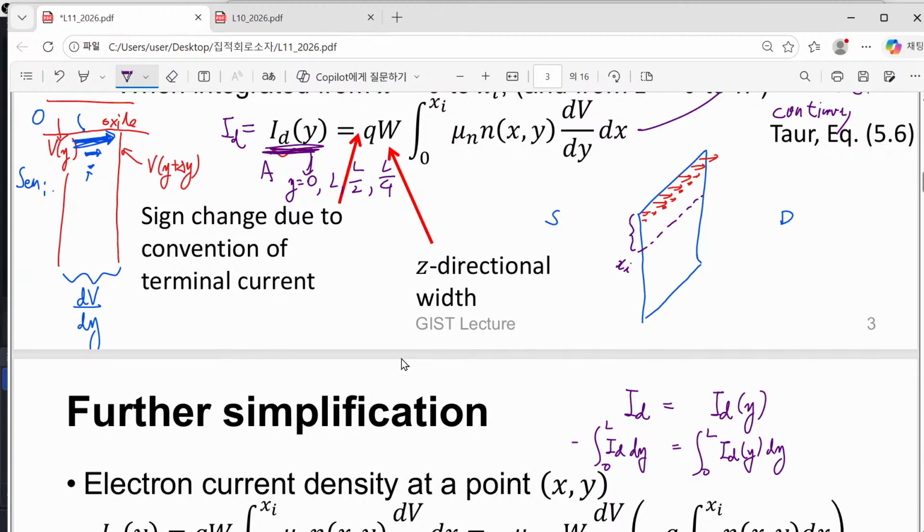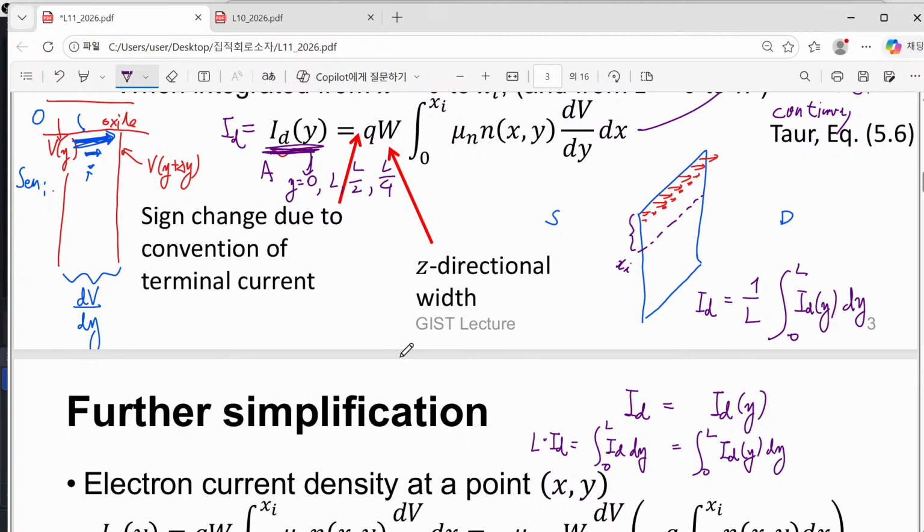Then what will be the answer of this integration? A constant is integrated over the length scale L, so you will have L times ID. That is really trivial. So we can say that ID, the drain current, is simply given by 1 over L times the integration of our seemingly position-dependent quantity over the entire domain.